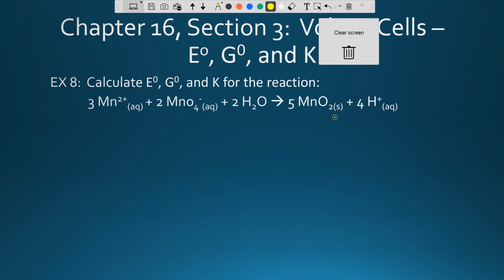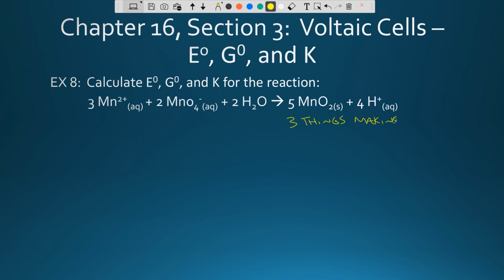Now, I'm just going to throw this out here for your reference. There are 3 things, I've been mentioning this along the way, that make something spontaneous. Take a look at your voltage.